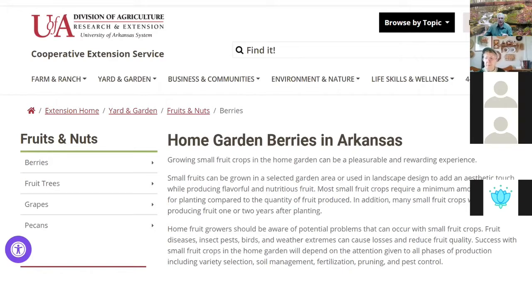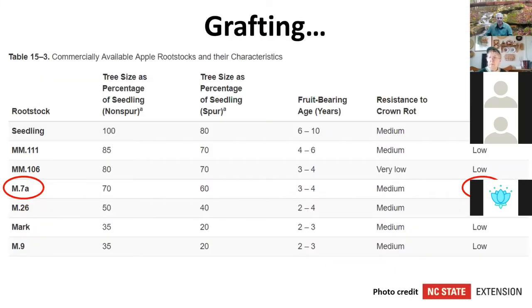The University of Arkansas has a lot of the varieties that have actually been developed. I think they're responsible for some 60 some odd different blackberry varieties. So check them out regarding that information. Any of these extension sites can be very useful in providing information for the homeowner.